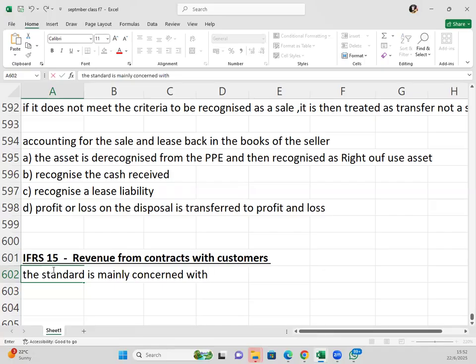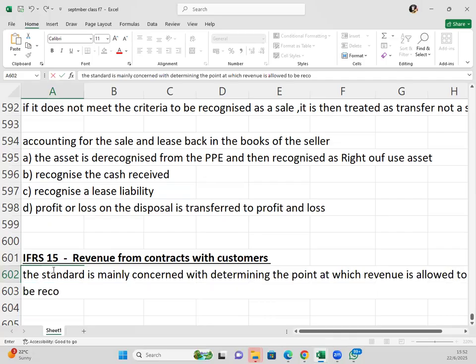The standard is mainly concerned with determining the point at which revenue is allowed to be recognized.